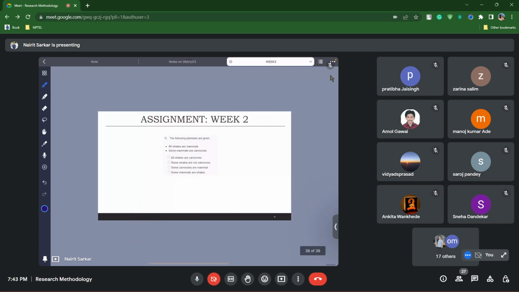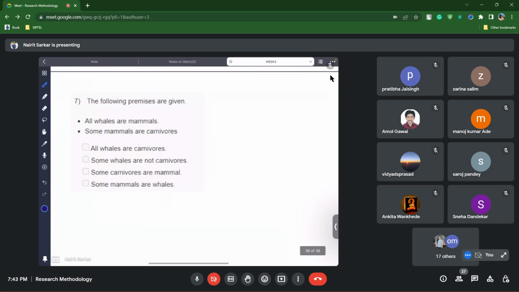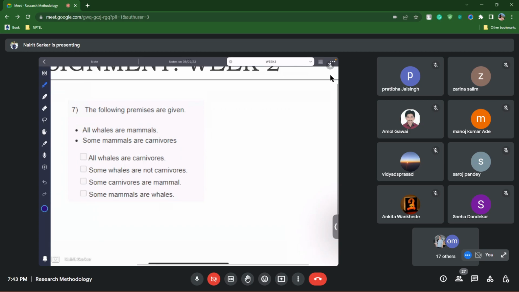Then second one. Is it visible? Let's see. Now we draw three circles.